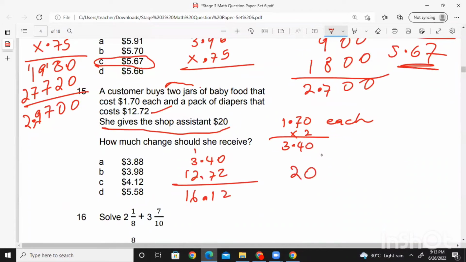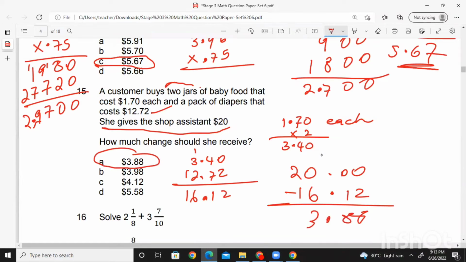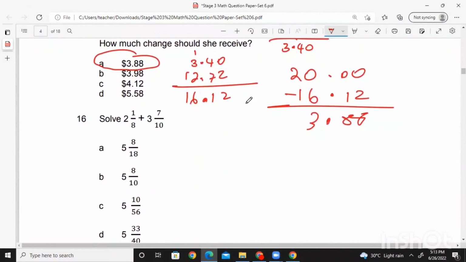So basically then we're going to subtract the $16.12 from the 20, right? And then we're getting $3.88. We're looking for that. It's at the top. And there it is. We have conquered that. Let's see what else is coming.